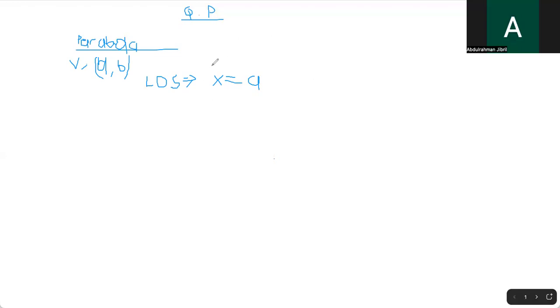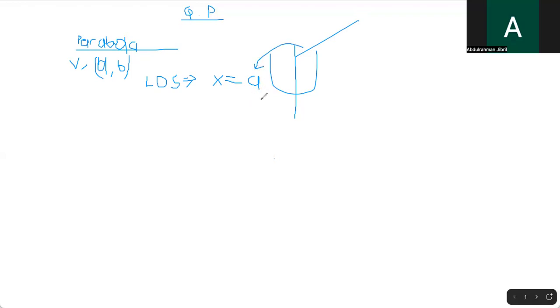So the line of symmetry would be x equals the x coordinate of the vertex. Okay. So if you have a parabola to be this, then this is your line of symmetry. This is what you are saying, that is x equals a.